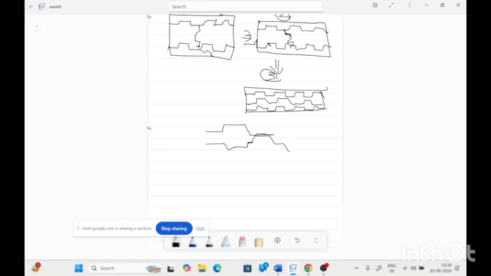So these two boundaries impinge on each other and form a single boundary, and form a shape like this. Means they pinch out each other as the deformation proceeds.